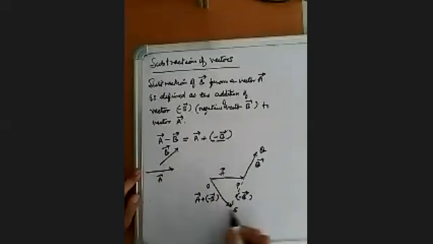So this will give us the resultant, that is the subtraction of B vector from the A vector. Okay, so this is one way of doing this.